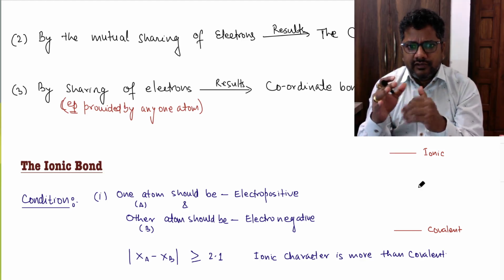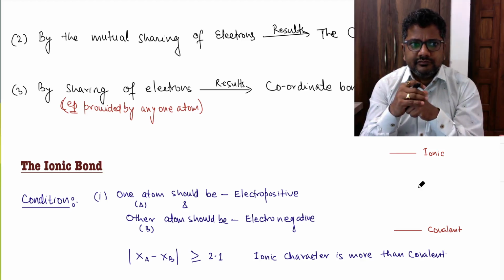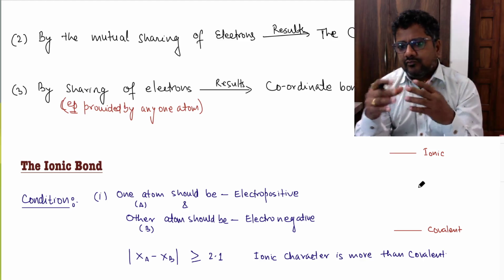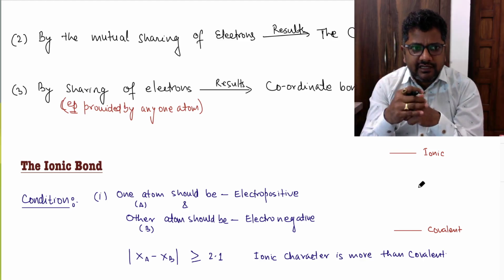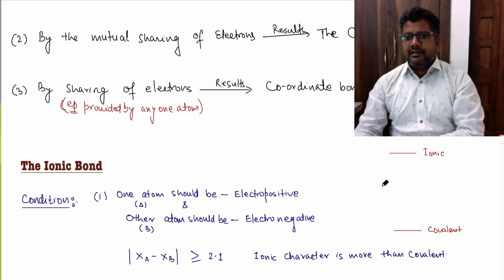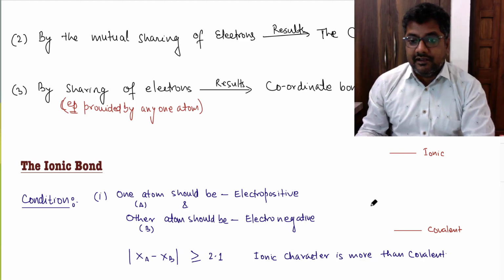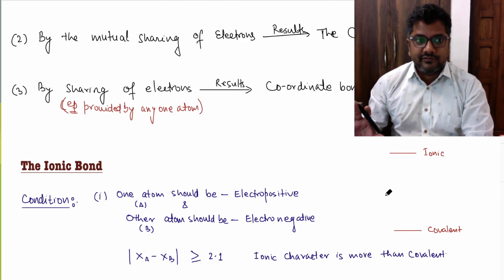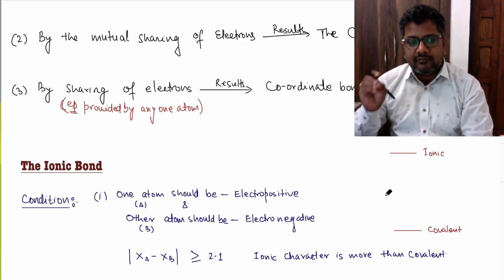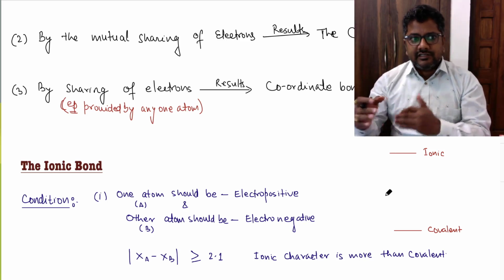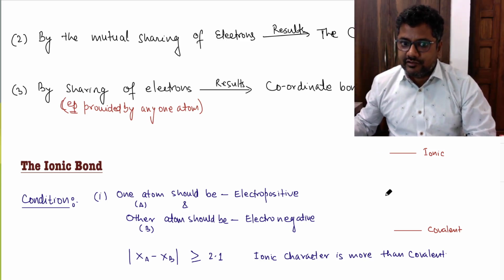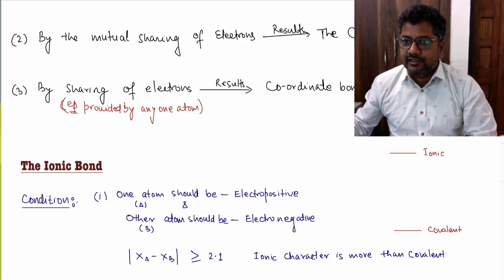Most molecules will lie between these two. If it has more than 50% ionic character, then it is ionic, and if less, then it is covalent. So this is the philosophy of ionic versus covalent: none of the bonds is 100% ionic or 100% covalent. You should always think and visualize in a relative sense. Okay, now come to the next point.